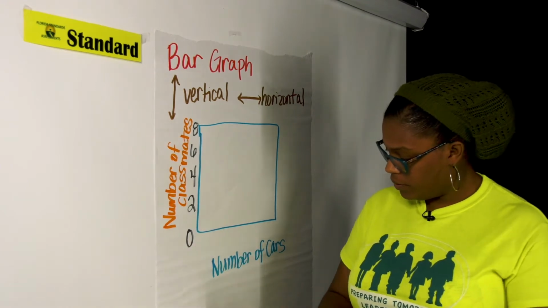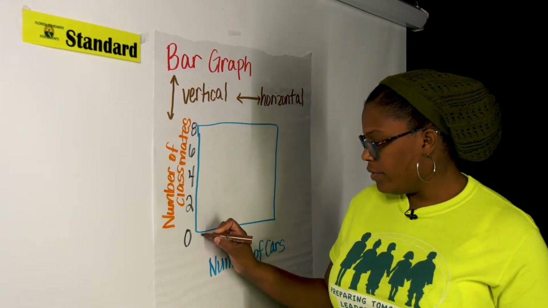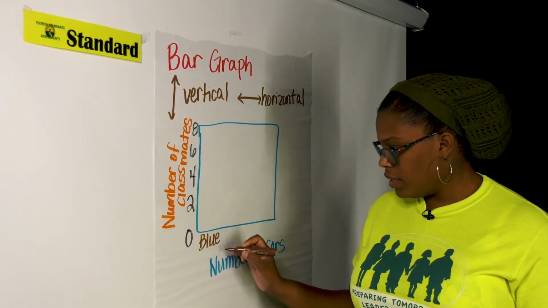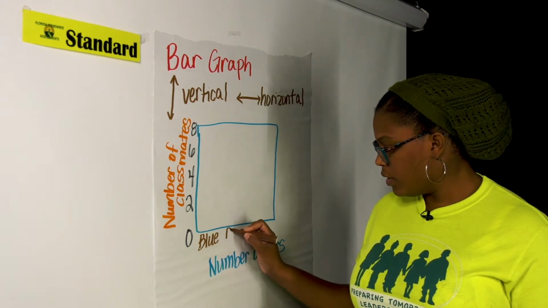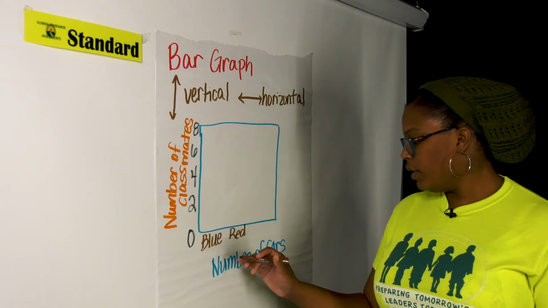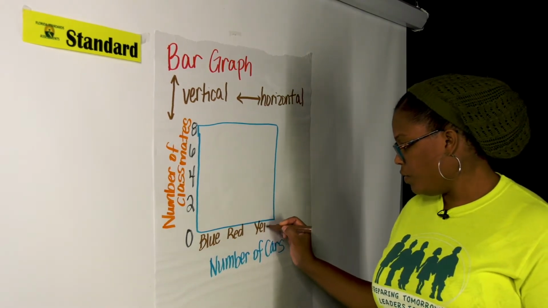Actually, I'm sorry. Not intervals. We're actually going to use colors. I'm sorry. So let's say blue. This side is going to represent the color of the cars. Okay. So blue, red, and let's just use yellow.